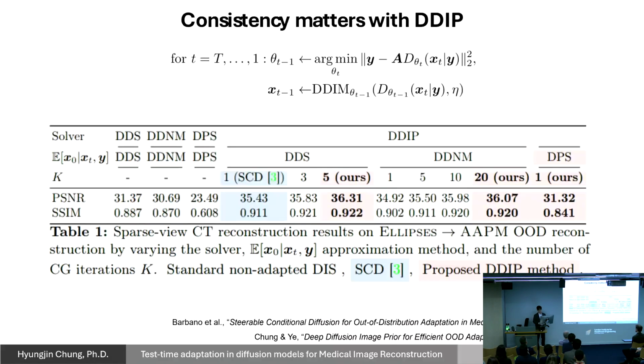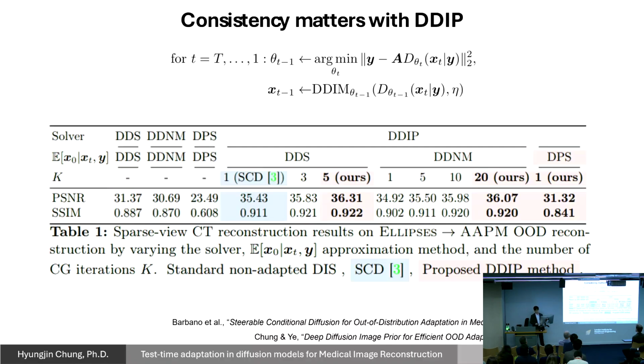Iterating that process gives us the algorithm called DDIP, and the algorithm is actually very simple. During the reverse sampling process, you update the diffusion network parameters with this minimization problem, and then you do a single reverse sampling step. So you can do this on the fly.